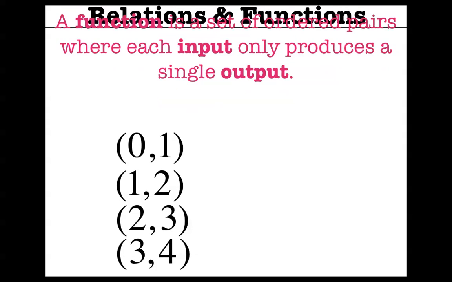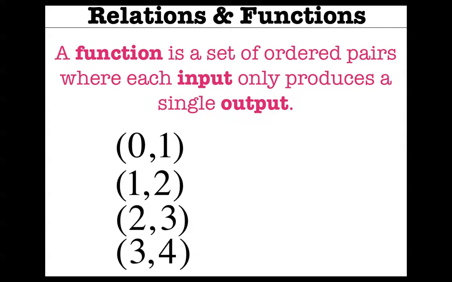Let's take those same 4 points, those same 4 ordered pairs. A function is a set of ordered pairs where each input only produces a single output. So like when you plugged 0 in, you only got 1 out. You didn't get 1 and 13. You didn't get 1 and negative 75.